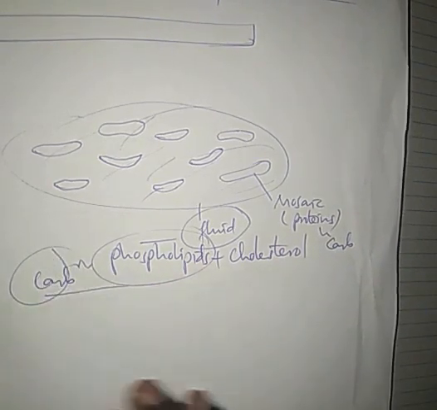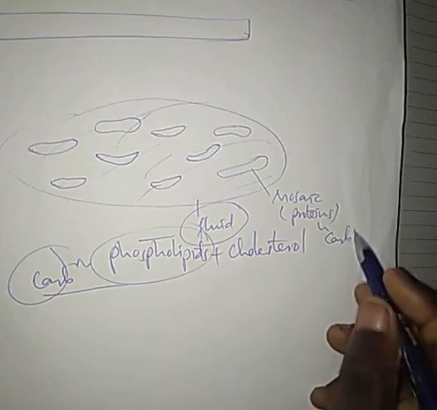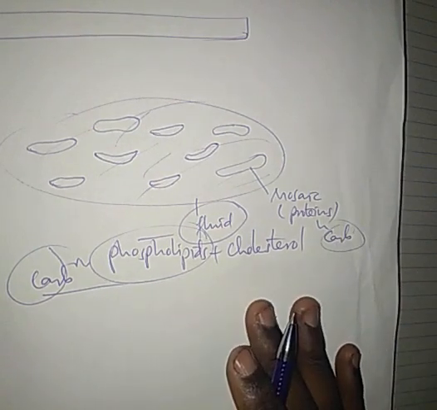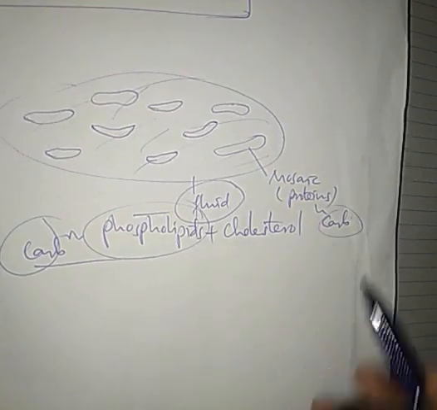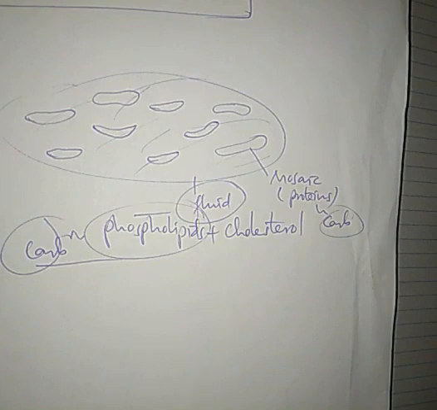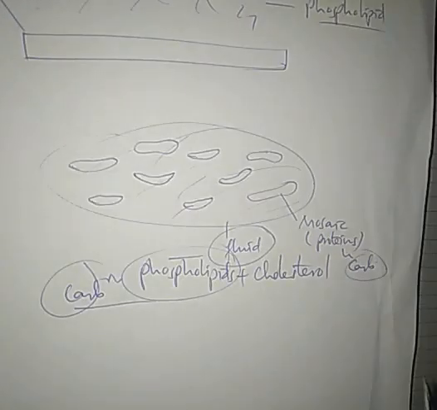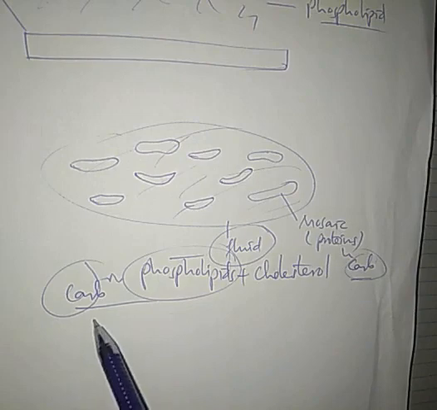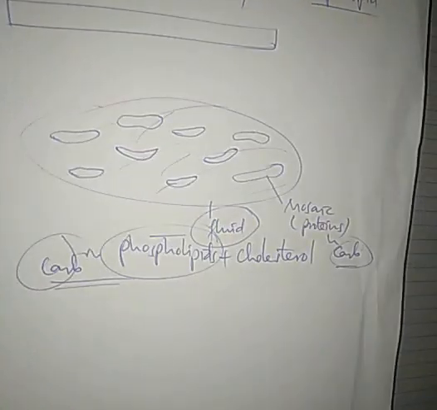Kwa huku kwenye proteins zikatengeneza compound ambayo ni complex of protein and carbohydrate, na huku zikatengeneza compound ambayo ni complex of carbohydrate and lipid, as you shall see later. Kwa huku itakuwa ni glycoprotein, huku ni glycolipid.